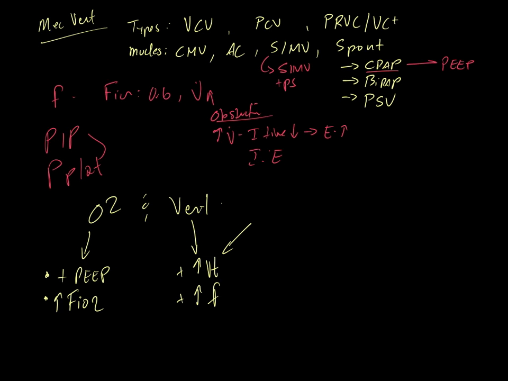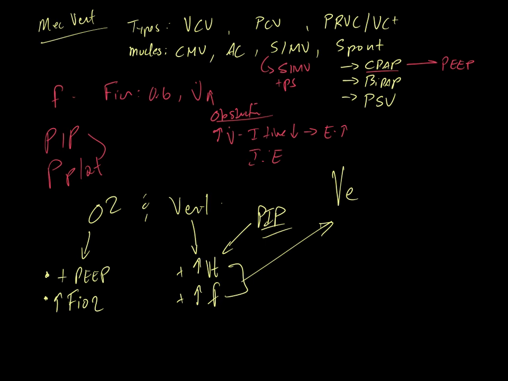So you can't set a tidal volume. You set your PIP, right? And then you have to monitor what your exhaled tidal volumes are, and then go up or down on the PIP. Whereas in volume control ventilation, you can't control the PIP, right? You can only control the volume, so you may have to go up or down on your volume to control your PIP.